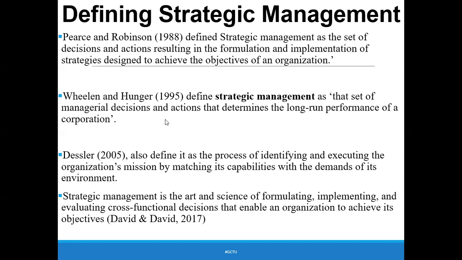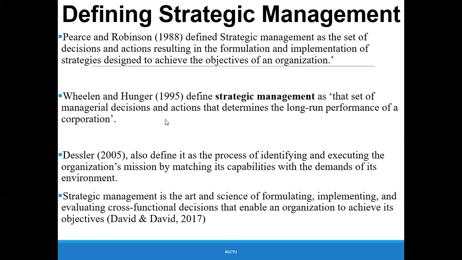So we are going to consider a number of them, and as we proceed, we will be critiquing them in terms of some of the things they are leaving out and how close they are to explaining the realities of strategic management. So we start with the submission by Pearce and Robinson, which is quite old.